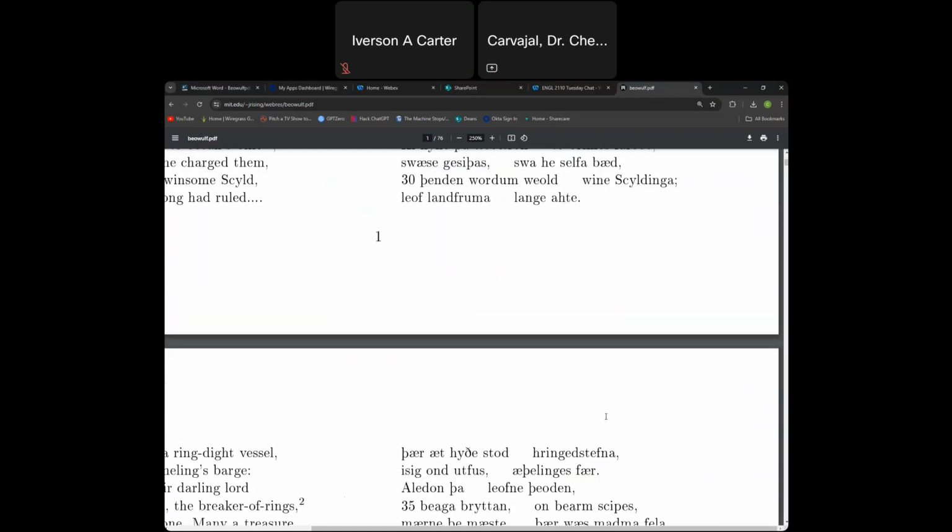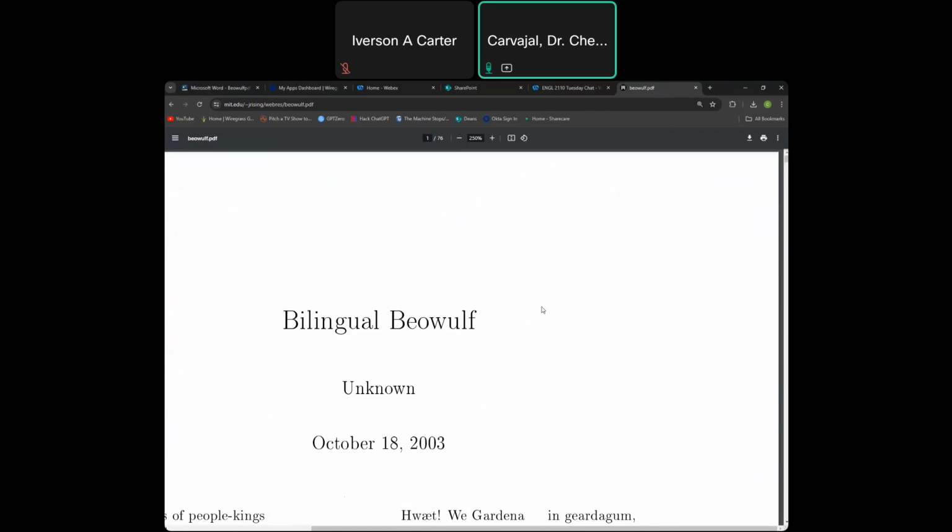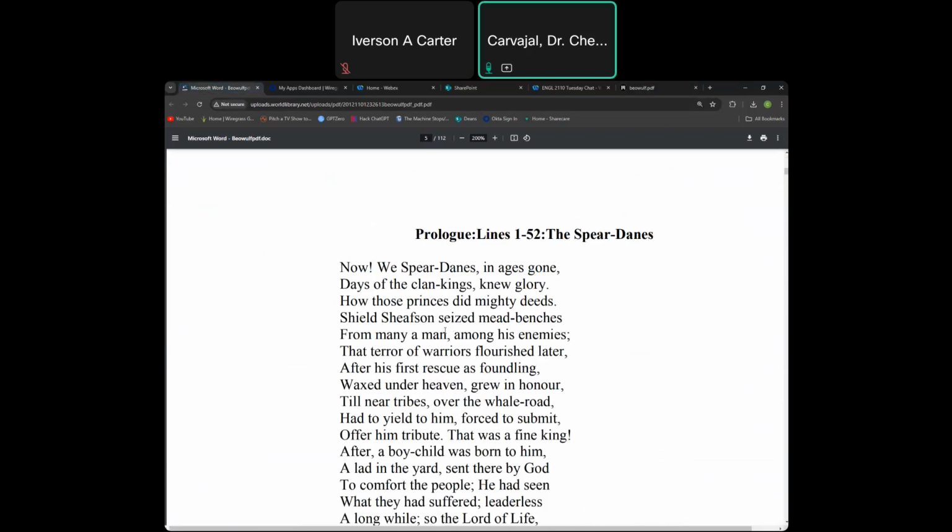Now, one thing too to remember with this, and I'm going to skip back to the other Beowulf so you guys don't get confused any more than you have to be. One thing that you have to understand is the vast majority of the population, even though there was a written form of English, Old English, there were very few people who read it and wrote it. Most people were illiterate.